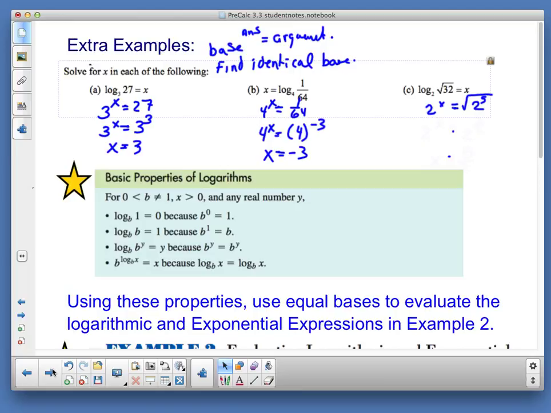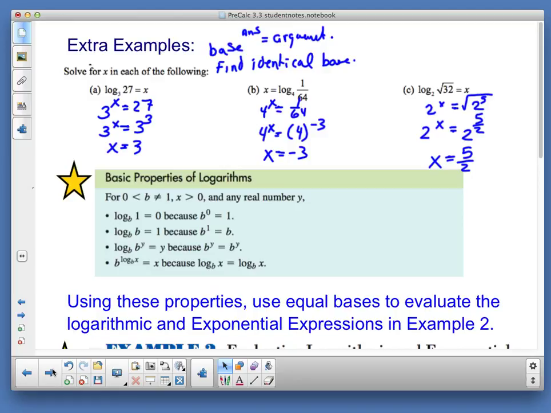So my power is the top one. My root is the denominator when I set this up as a fraction. So I'm really raising 2 to the 5th power and taking its square root in that fraction. And now I know x is 5/2.